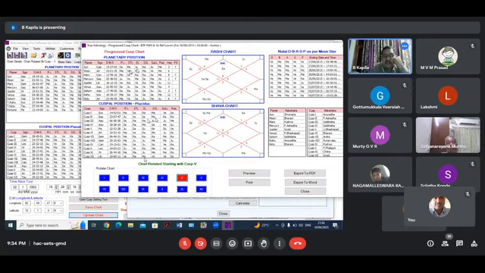Jupiter is present in 2, right? Jupiter is present in 2, in 8, in 9. Okay, is it okay? Yes, sir. Rahu is Mars. Mars is present in 1 and 8.